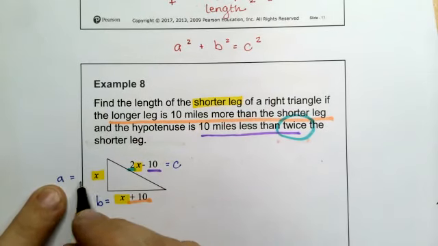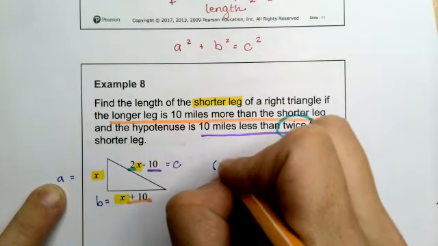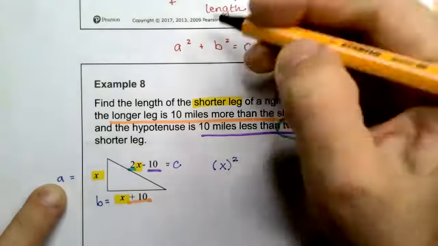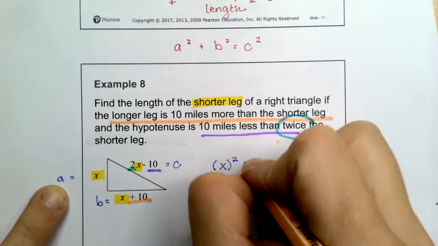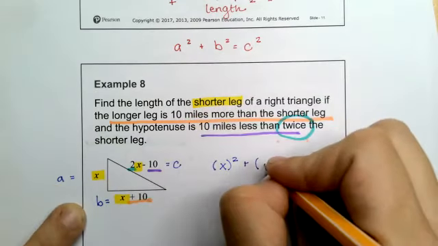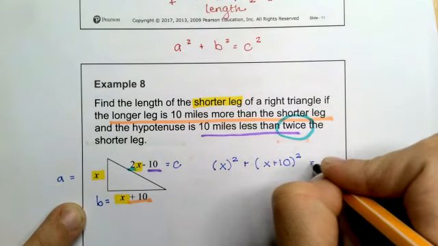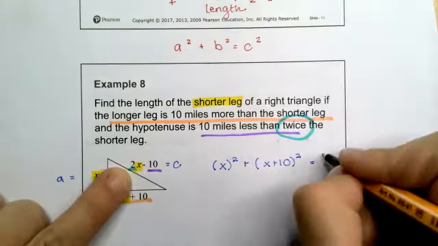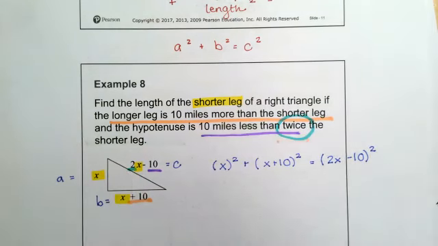And then if a is x, a squared becomes x squared. b squared becomes x plus 10 squared. And c squared becomes 2x minus 10 squared.